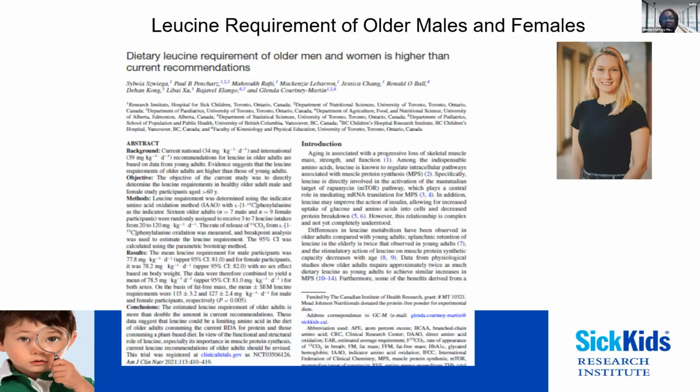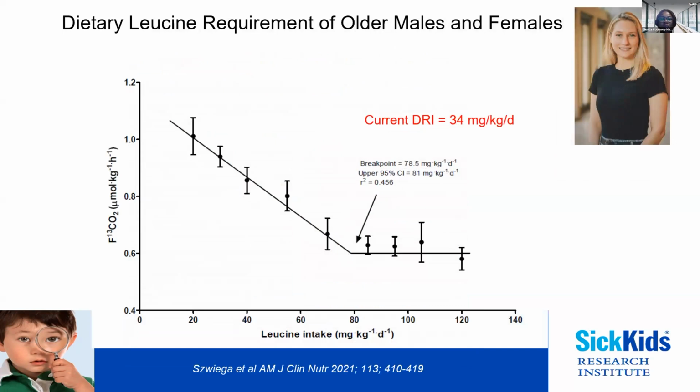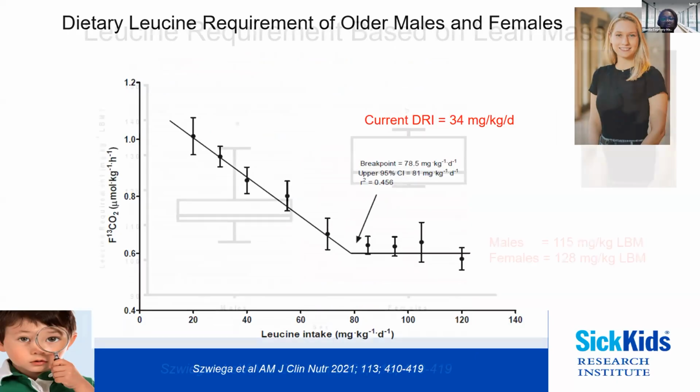And what we found was that the leucine requirement was over twice as high for older adults than younger adults. Sorry, what we found, the current DRI for leucine is 34 milligrams per kilo per day. In young and old adults, the requirement is 79 with an RDA of 81 milligrams per kilo per day.